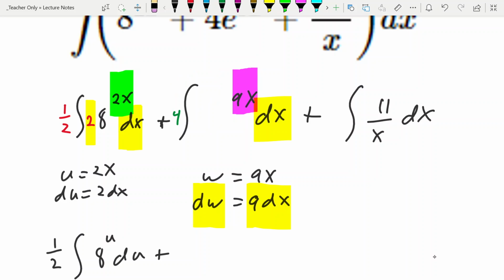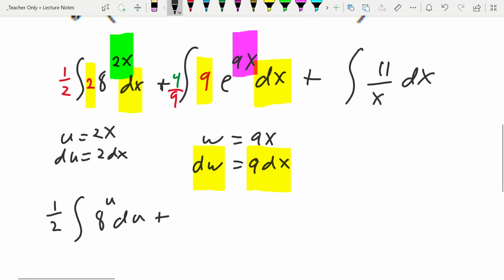And now I need to put a 9 in. So inside-outside technique says put a 9 in, but put a 1/9 out. And now I have a perfect match. So 9 dx will become dw, and my 9x will become w, leaving me with, on the outside, 4/9 times the antiderivative of e raised to the w dw.